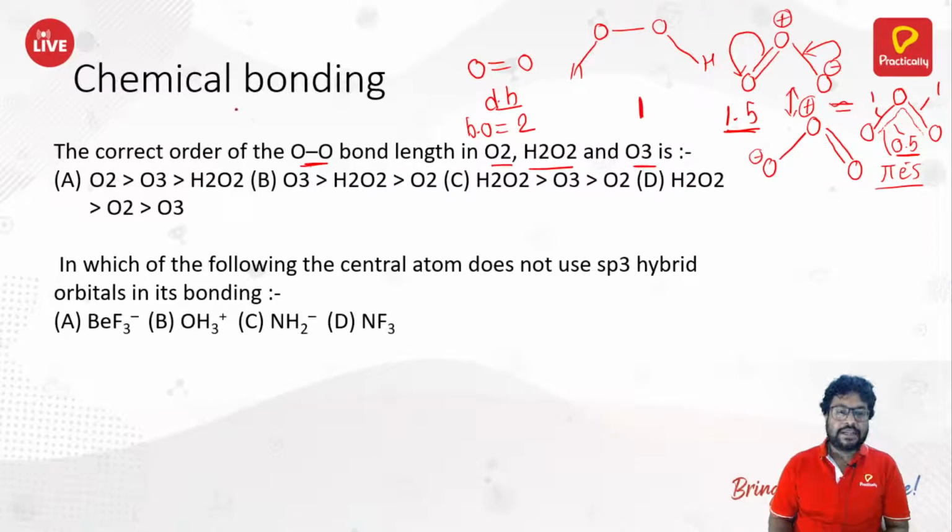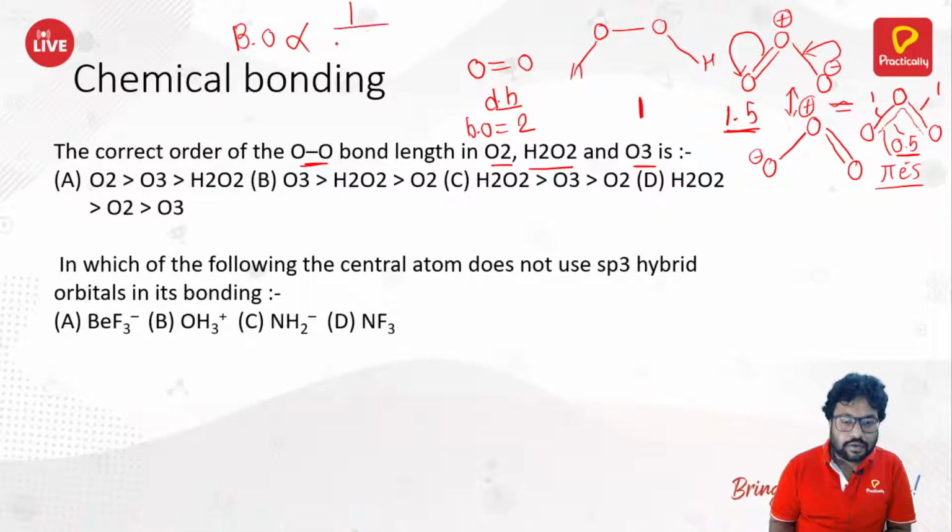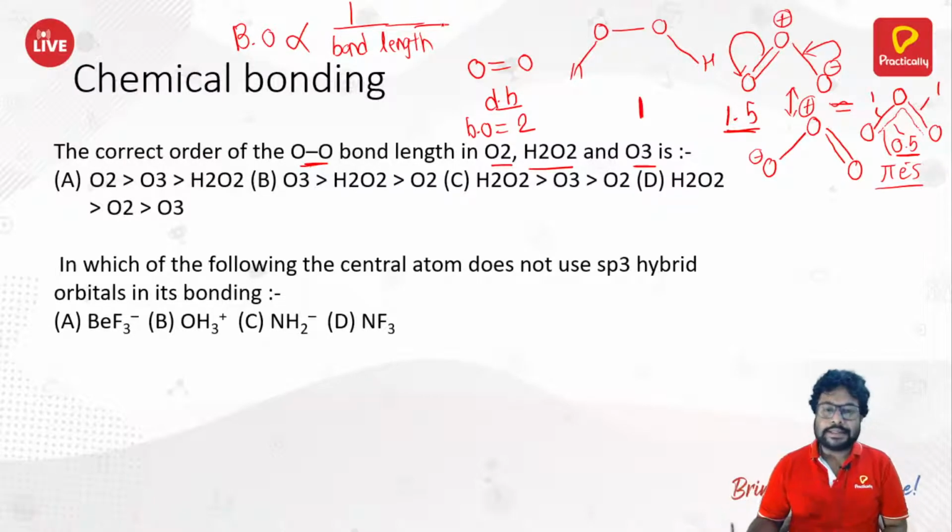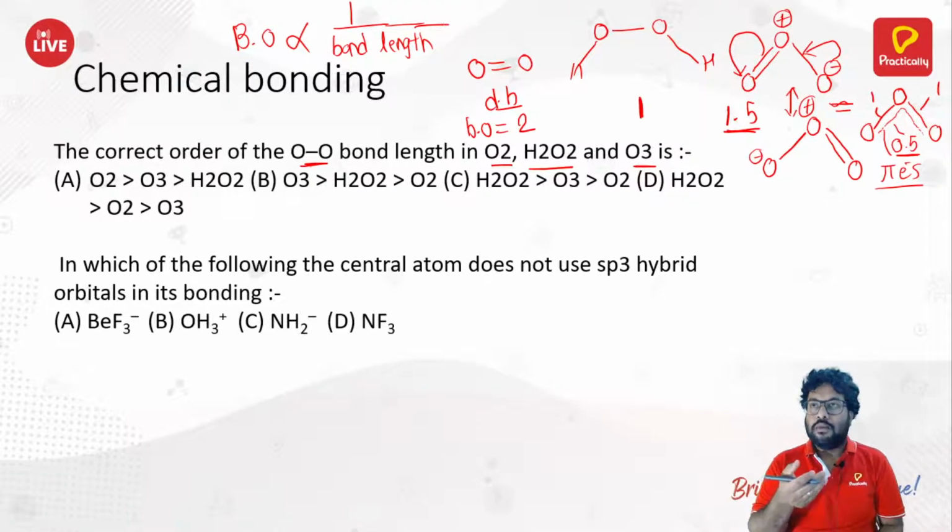In other words, let's put it in a different way. Bond order is inversely proportional to bond length. This is the formula you can always remember, but you should know the reason for that also.